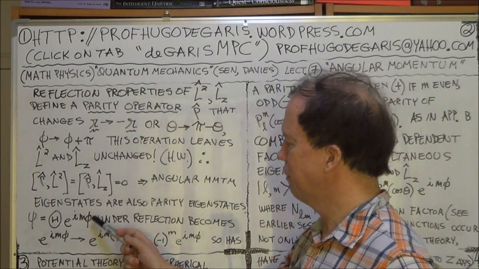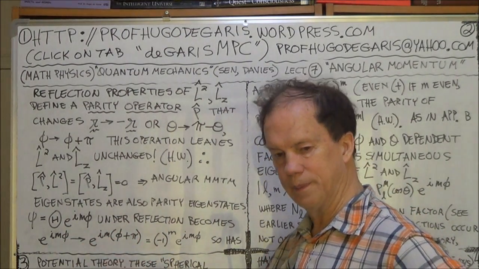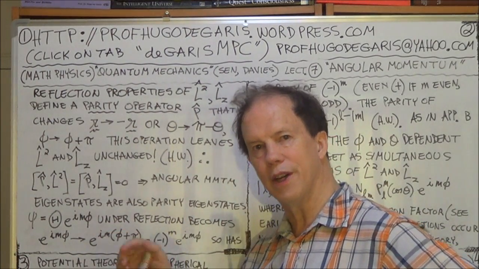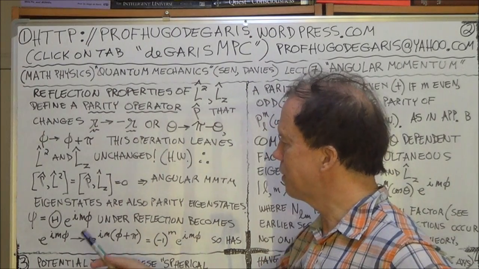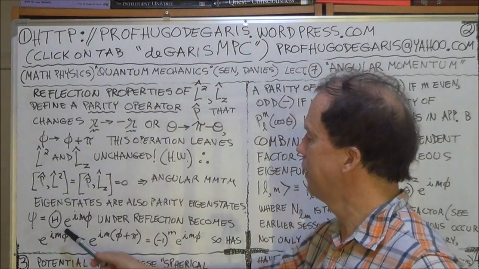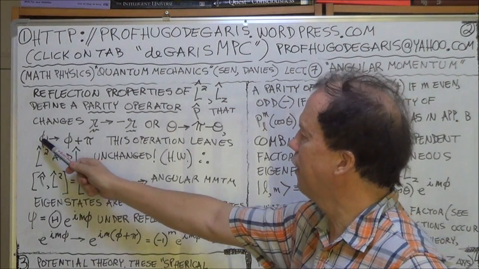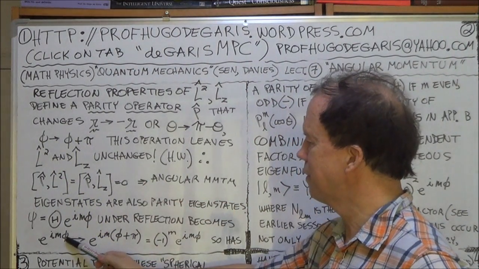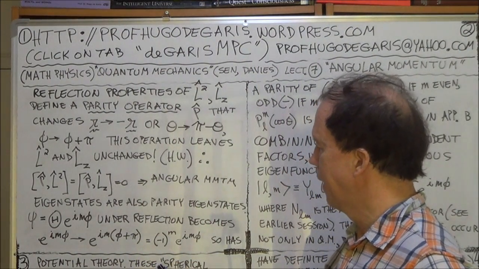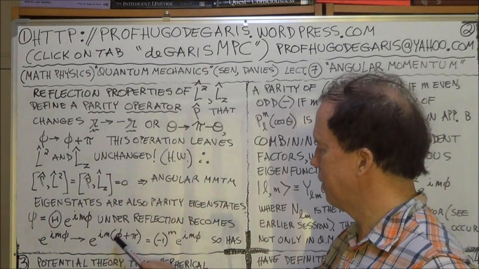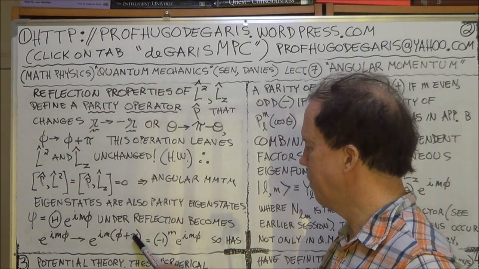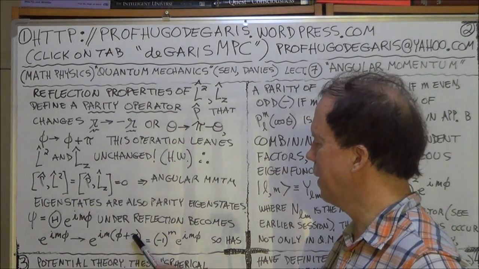Like for example, in the spherical harmonics you had a theta term and a phi term. Well, what's the parity for the phi term? If you switch phi to phi plus pi, you will get e to the i m phi as usual, but you've also got this pi, so then you'll get e to the i m pi.